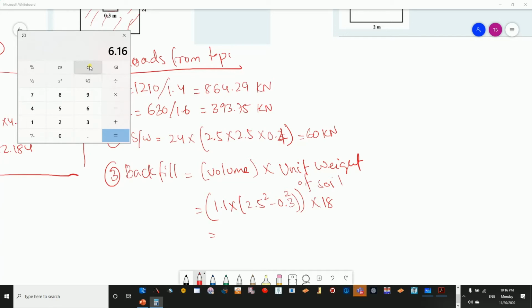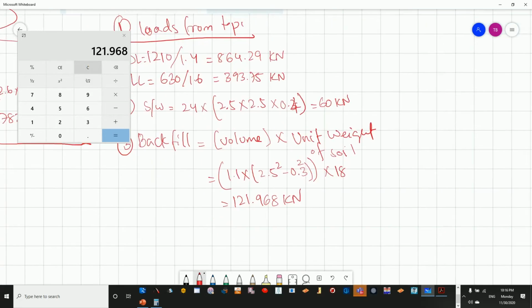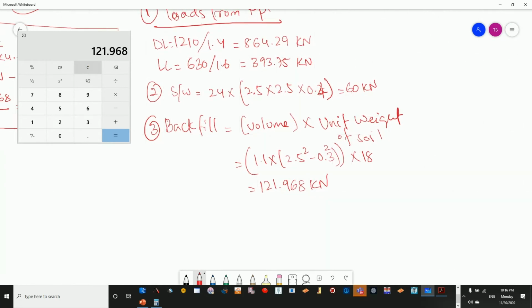This is the area of the backfill multiplied by the height, that is 1.1, multiplied by the unit weight, which is 18. So we have the total weight of the backfill to be 121.968 in kilonewton.